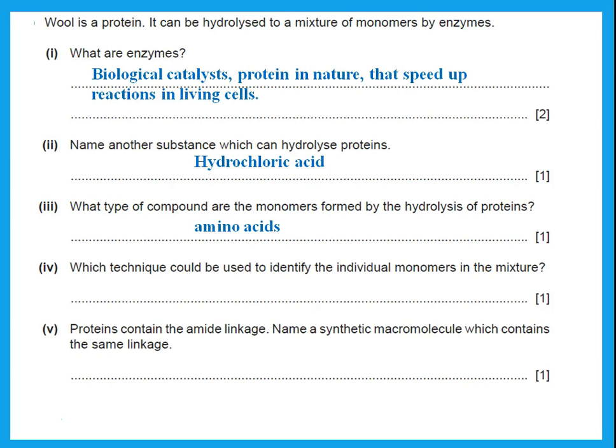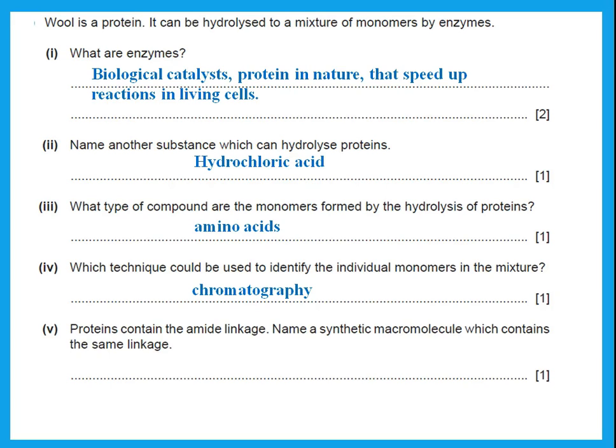Now, which technique could be used to identify the monomers in the mixture? To identify amino acids and know which type of amino acids we have, what did we use? This is something from the first few chapters. We used something called chromatography. Do you remember that? So we use chromatography to distinguish between different molecules.